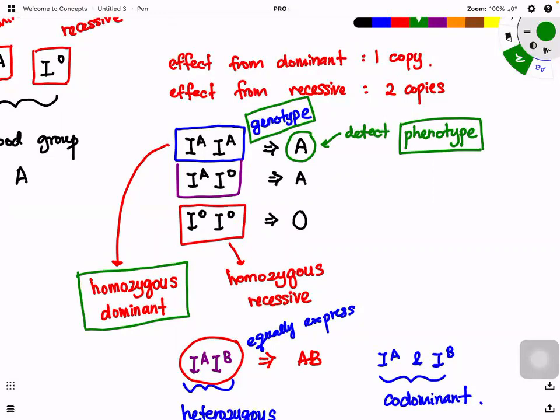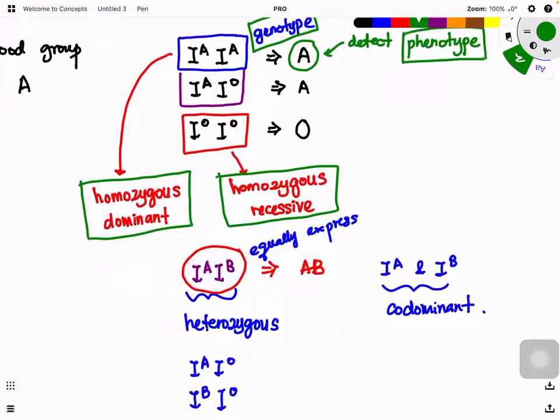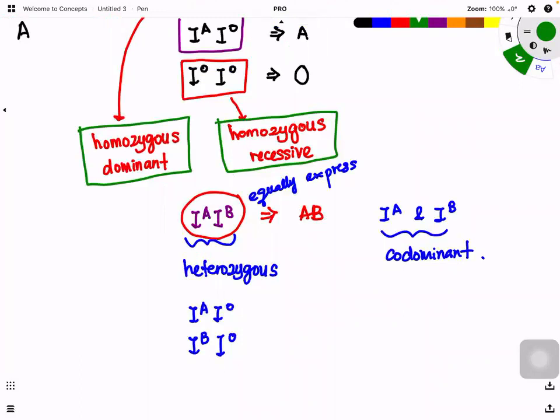But if it must have two copies to be expressed, then we term it homozygous recessive, and the allele is a recessive allele. But if the genotype shows two different alleles, for example IAIB, IAIO, IBIO, then we term it heterozygous.